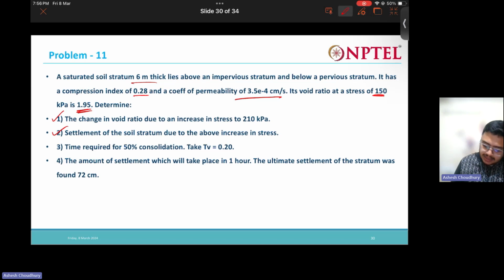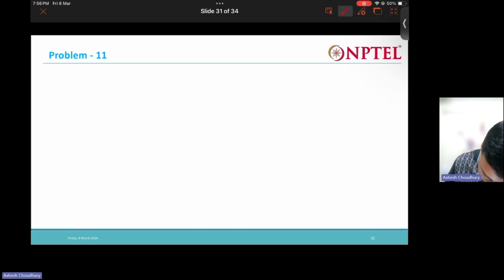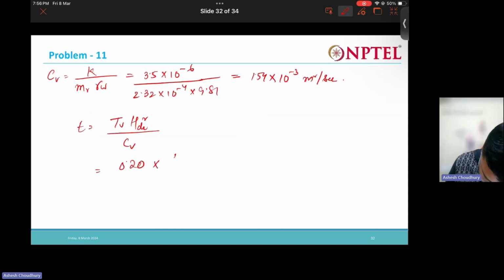It is given that it lies above an impervious stratum and below a pervious stratum, so sand. So single drainage. So 6 meter will come directly.